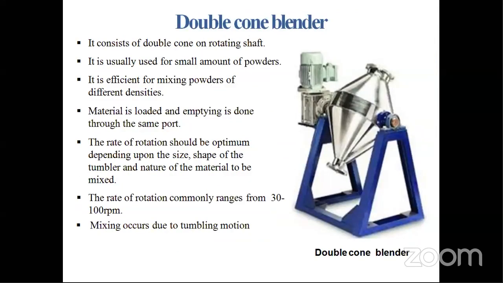Next comes the second free flowing blender, the double cone blender. Why is it called double cone? Because it consists of two cones, and it is attached with a shaft as usual.